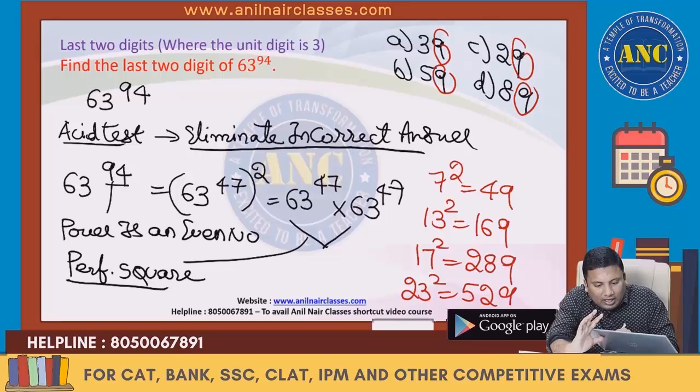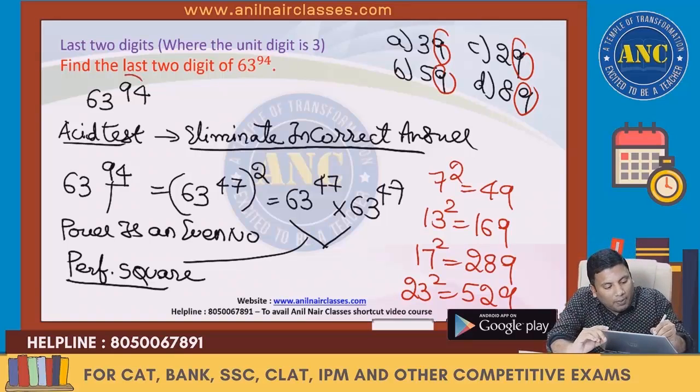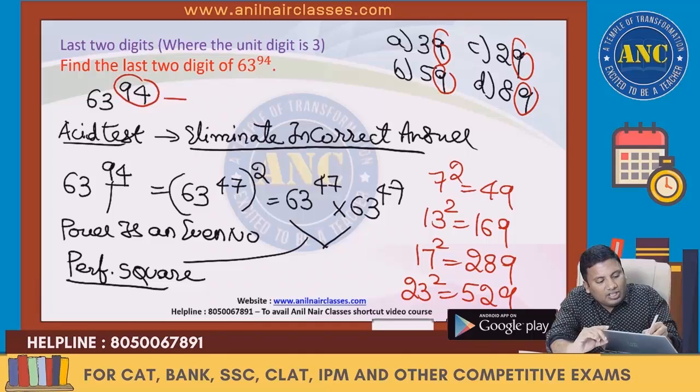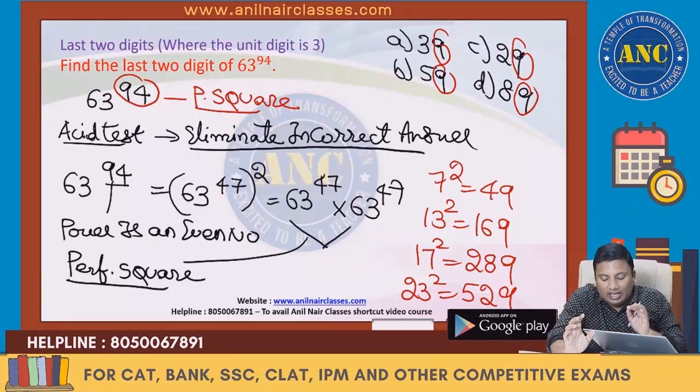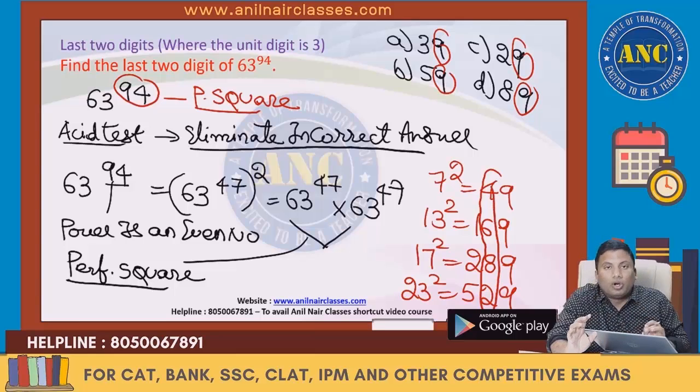If you observe, because all the options end with 9 and the power is an even number, this became a perfect square. What is the nature of a perfect square ending with 9? The tens place in all these cases is an even number. So for any perfect square ending with 9, the tens place should be even.